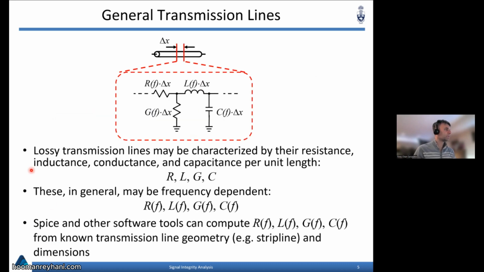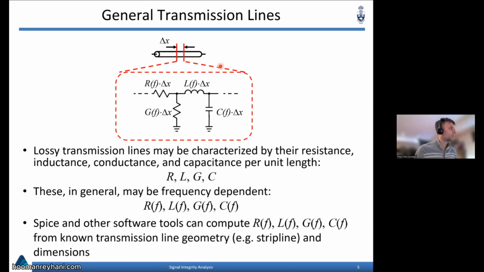Lossy transmission lines in general can be characterized by their resistance, inductance, shunt conductance, and shunt capacitance per unit length. We'll denote these quantities with uppercase R, L, G, and C. These are sometimes called the specific resistance, specific inductance, specific conductance, and specific capacitance. That again simply refers to the values per unit length of the interconnect. In general, these quantities may be frequency dependent.